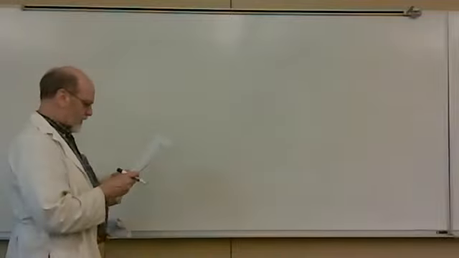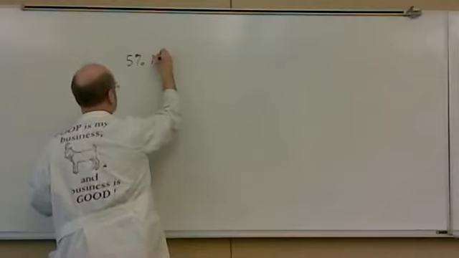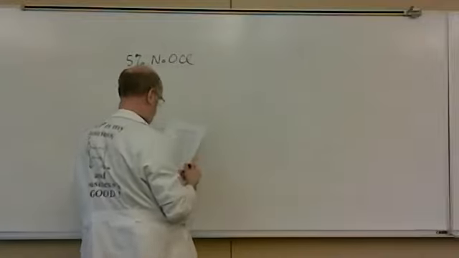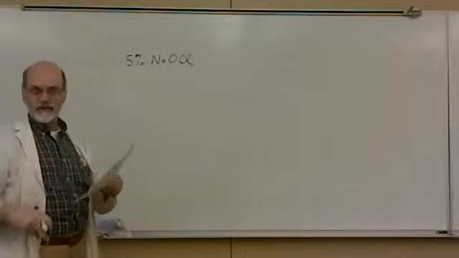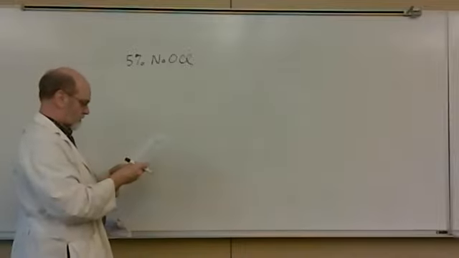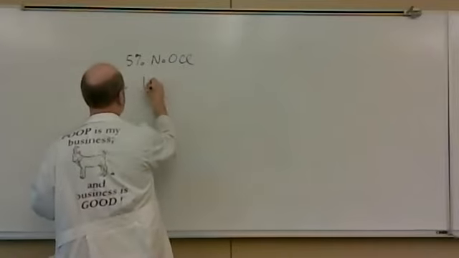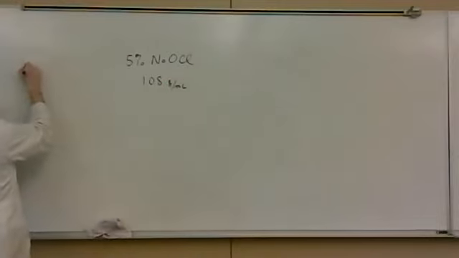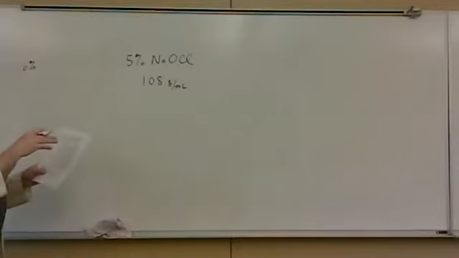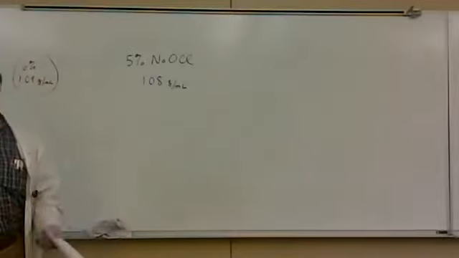It's using 5% sodium hypochlorite. Ours is 6%, so you just substitute the 6 in there. The density of this bleach is 1.08 grams per mL. For 6%, you would need a different density, and I believe it is 1.09 grams per mL, just for future reference.